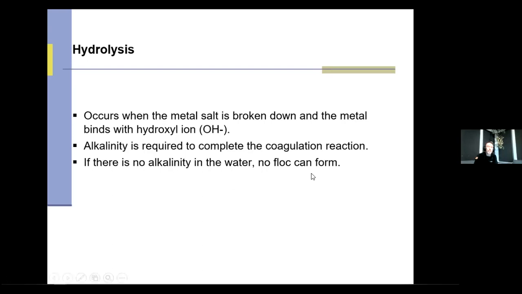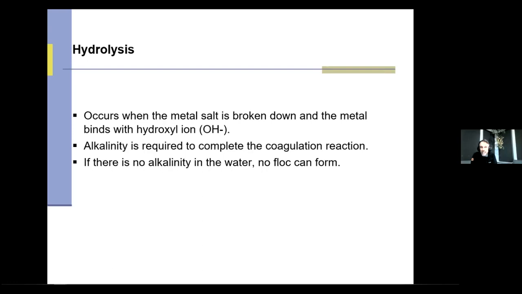A lot of creek sources, sources that have water that hasn't been in contact with the environment very long, tend to have very low alkalinity. And that's the problem. Because of the low alkalinity in the water, it tends to absorb a lot more color and create a lot more colloids.